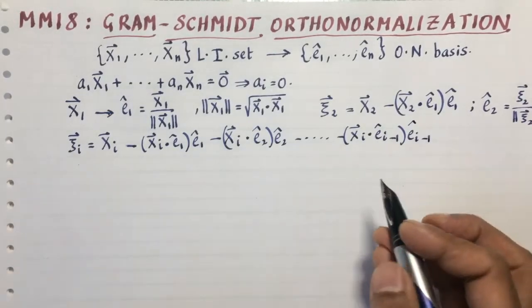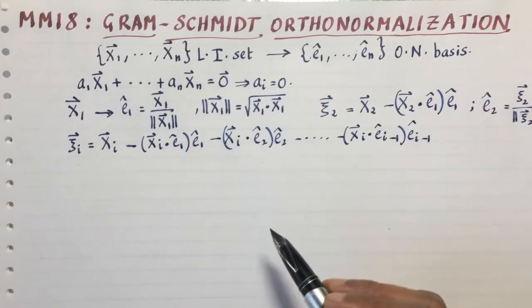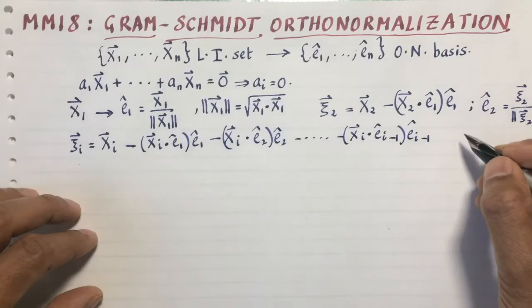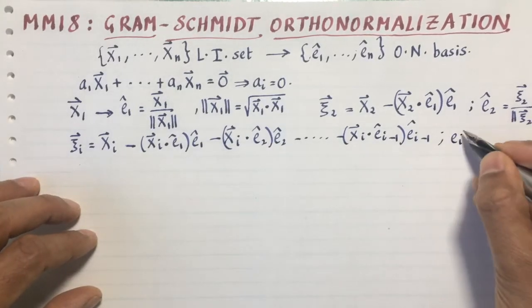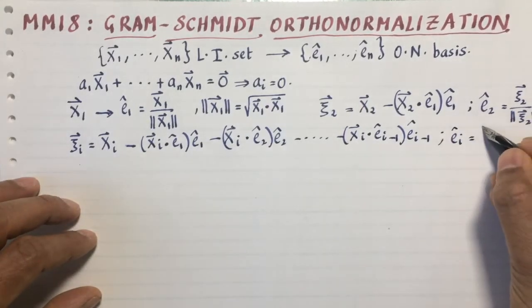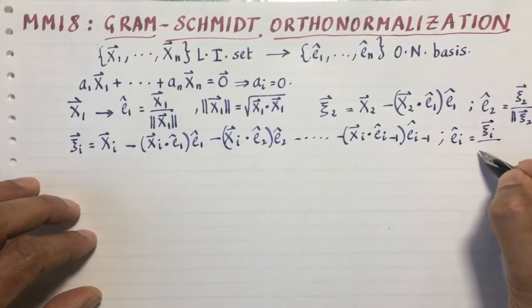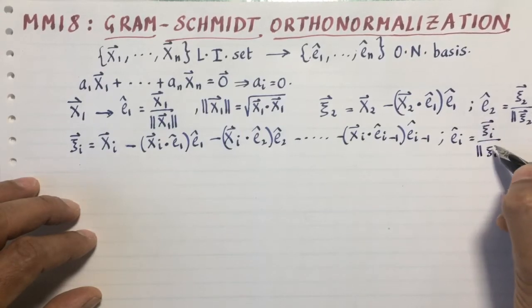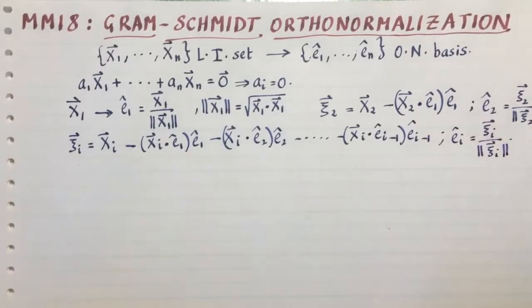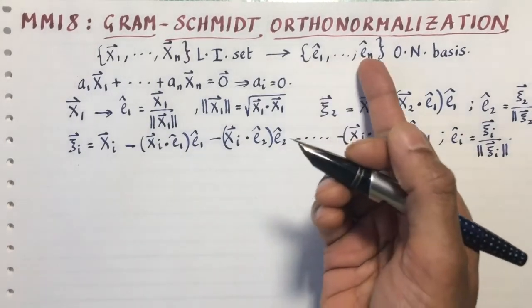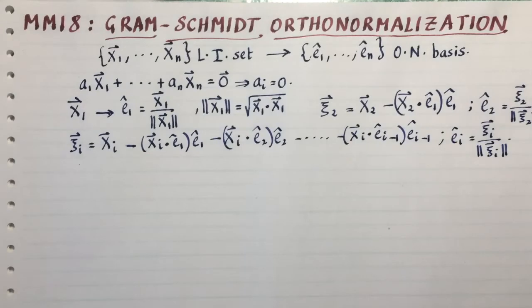This way they're completely orthogonal to all the previous ones, and then you can get the new ei by the same process of taking zeta i and dividing it by its norm. So this is the Gram-Schmidt orthonormalization procedure, and it gives us the final orthonormal basis.